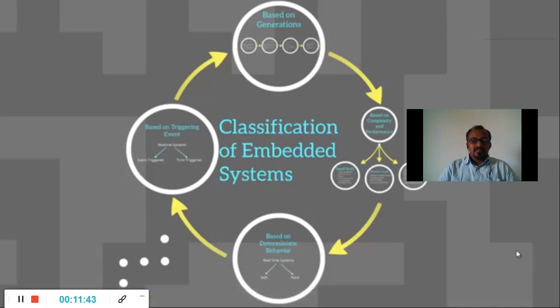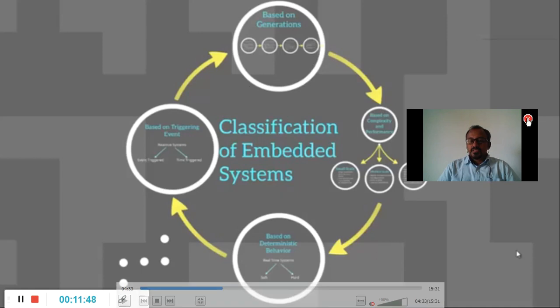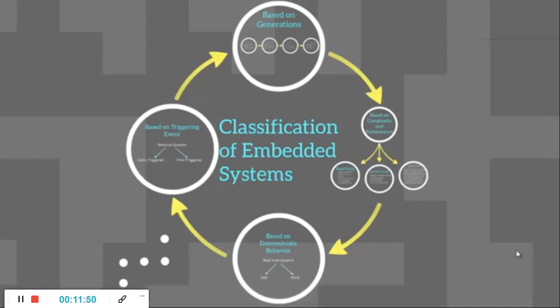So, classification of embedded systems. The first classification we can do is based on generations. Another way, based on complexity and performance.